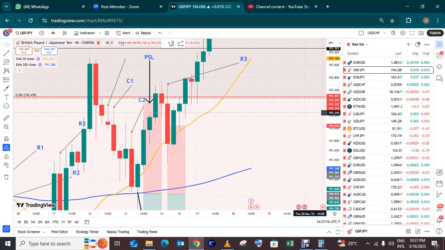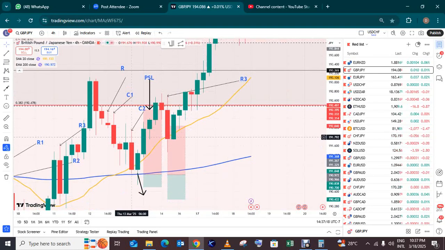If you see clearly, the market came higher and also broke this level. It broke our PSL level, and if the market can come and break our PSL level, that means the market really wants to keep on going higher.